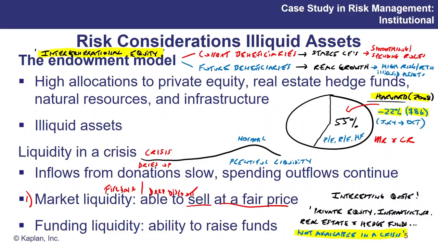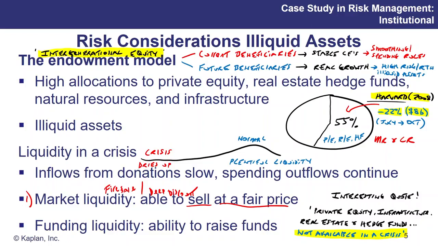If the only way you can get out is some sort of a real fire sale or deep discount price, then don't do it. Don't do it. And that kind of liquidity is often called market, asset, transaction or even trading liquidity.